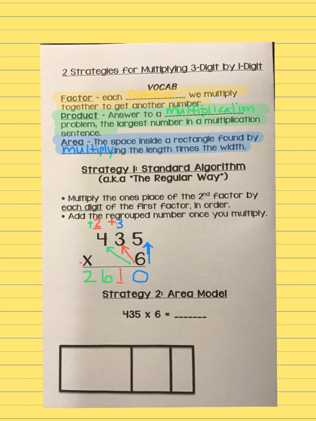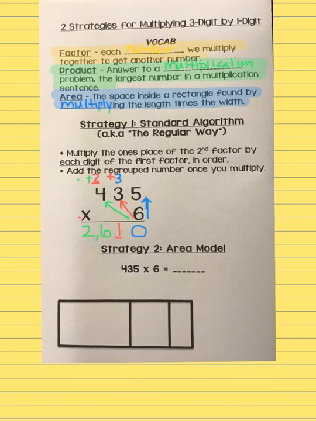Or if you want to think about it as putting the 2 up here, that's fine. But there's no number to multiply by, so we're just bringing it down. So we have 2610. Don't forget your comma. So our answer would be 2,610.